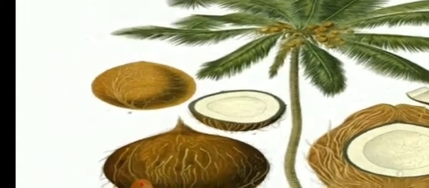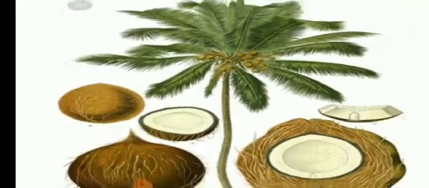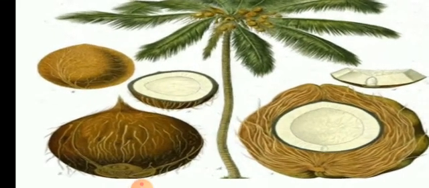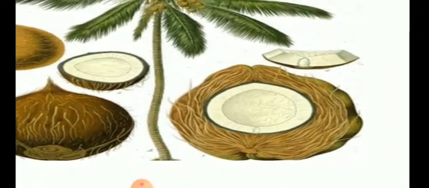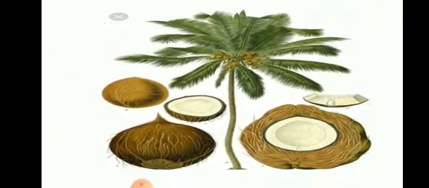Even in the coastal region the leaves are very strong and can bear the force of the wind. Also, fruits of trees like coconut remain afloat in seawater for many days and give rise to new plants on reaching the shore.